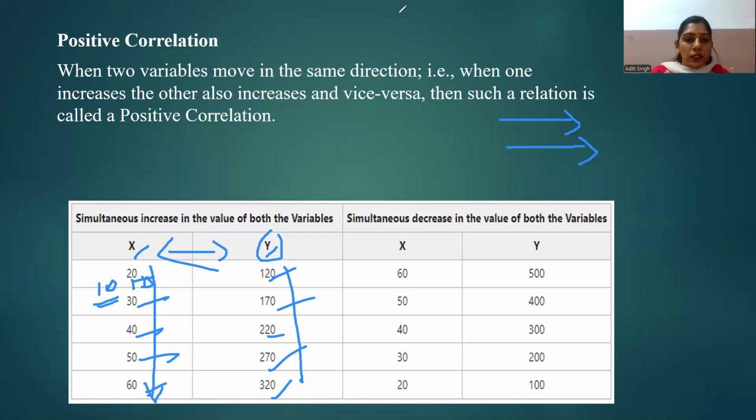In this example, both variables are increasing in the same proportion.